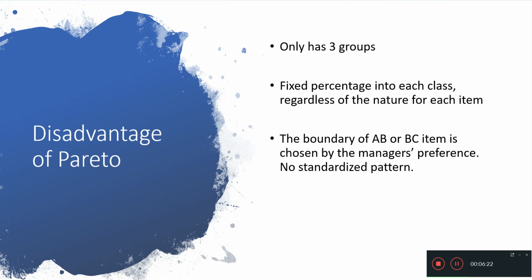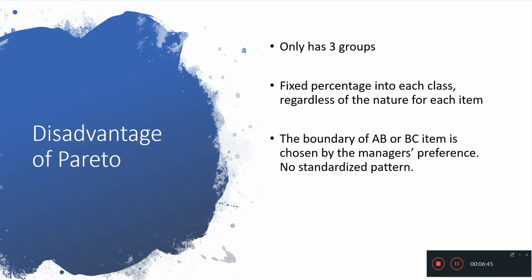The disadvantage of the Pareto is that, as we mentioned, Pareto only has three groups, which are A, B, and C. If a company has a lot of SKUs, three groups are insufficient for them to segment the product.